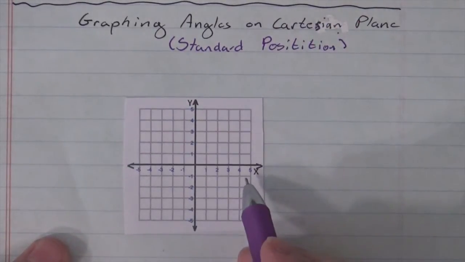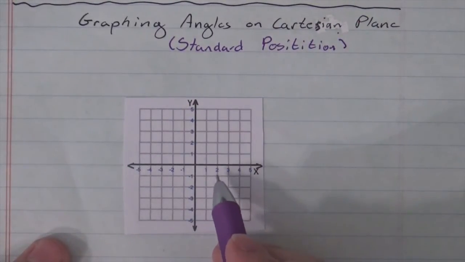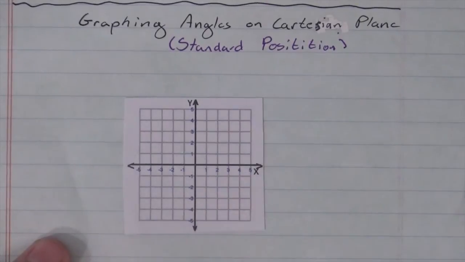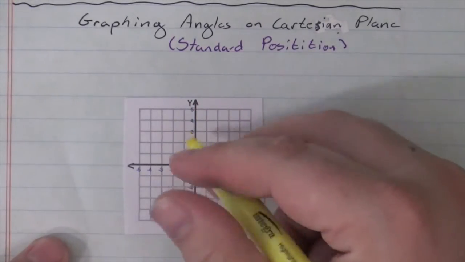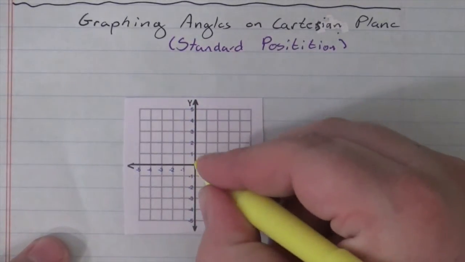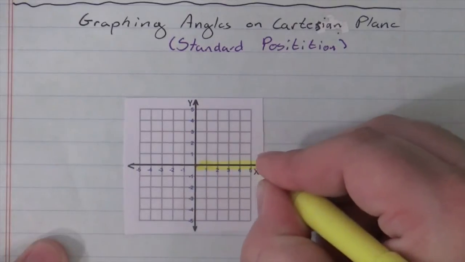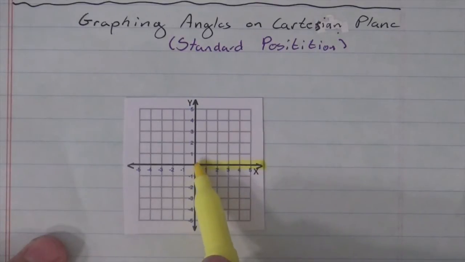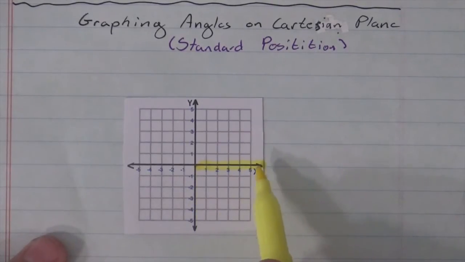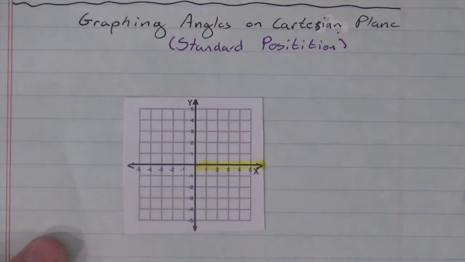The initial side of the angle that you're graphing is going to be located right here on the x-axis, where I'm highlighting right now. So it's basically going to go from the origin along the positive x-axis. That's where our initial side is.